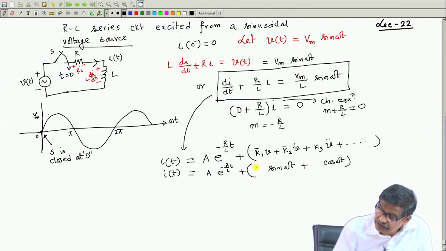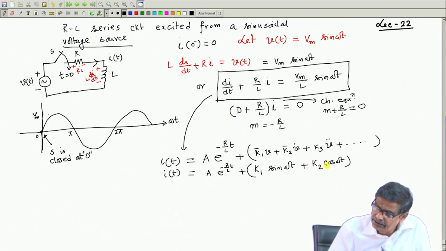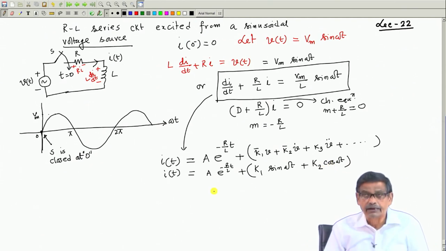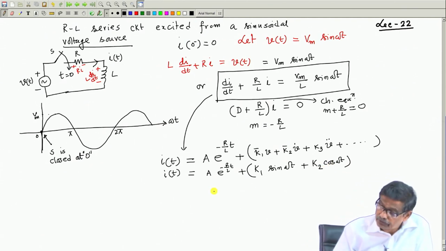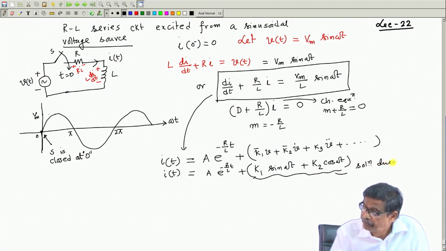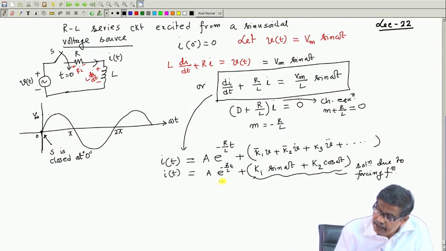Generally, for the forcing function, the constants I was writing as k1, k2. You can do that. Now, to find out k1 and k2, this part is the solution due to the forcing function, and this part is the natural solution.